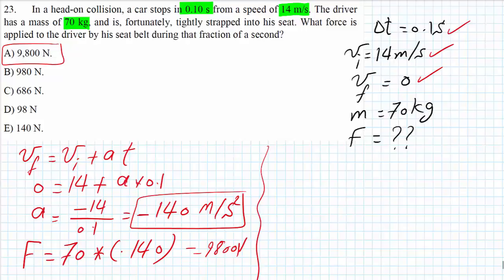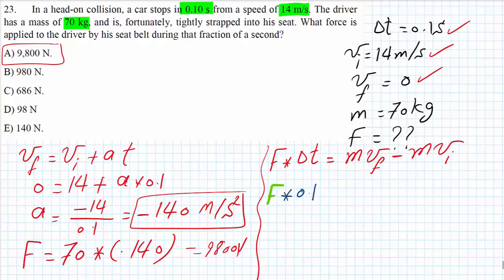What is the second method? We can use the method of impulse and momentum. The force times delta T, this is the impulse, equals the change in momentum. So it's m v final minus m v initial. F is the required, which we don't know. Time is 0.1 second. The mass, we can take it common factor, which is 70.